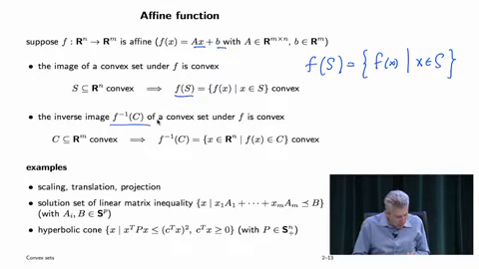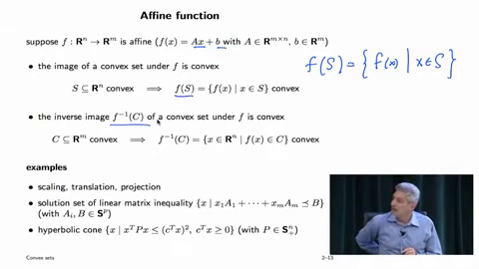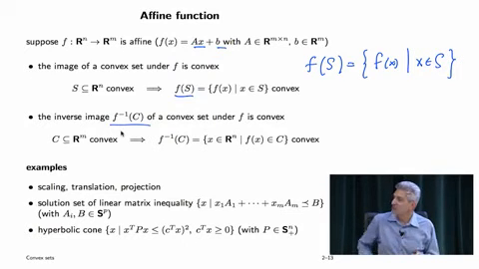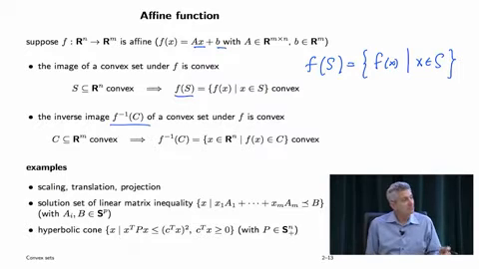Now the inverse image is also absolutely standard notation, and it is not maybe what you think. There are two ways to interpret it. One way is to simply take the inverse function, f inverse, and say that it's something of this form.